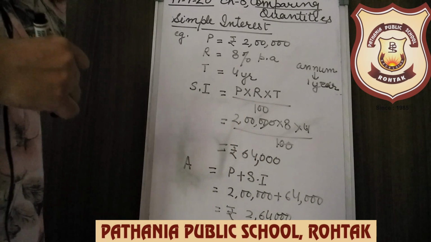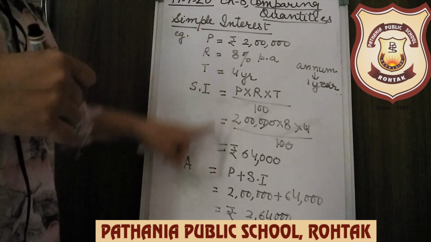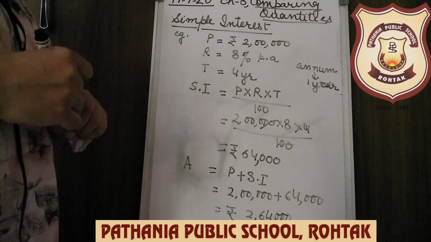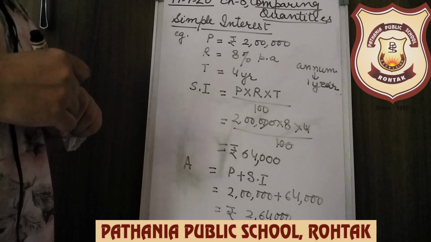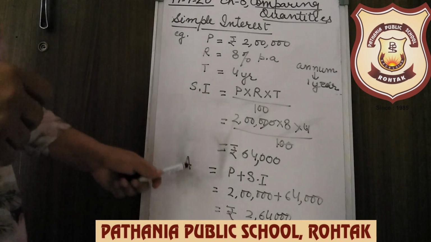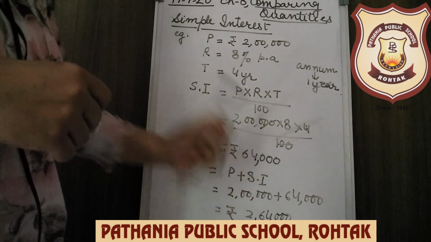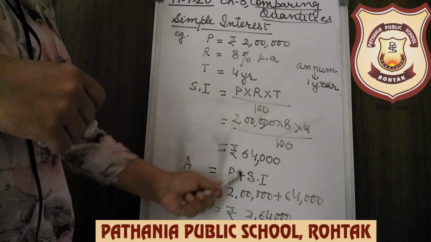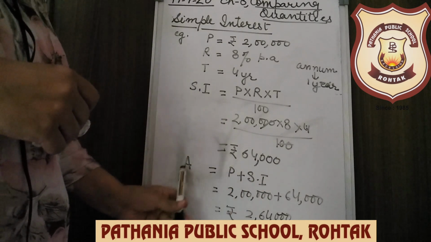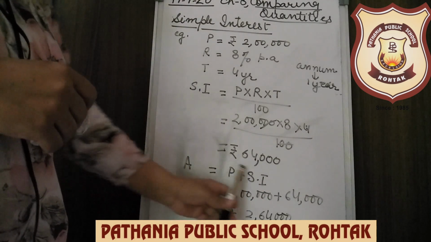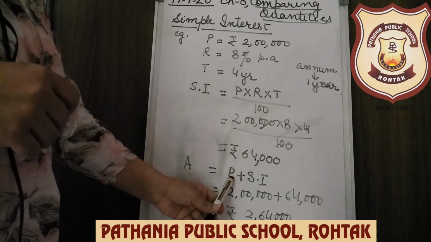I hope now this is clear. Now suppose amount and simple interest is given. You can calculate the principal by subtracting simple interest from the amount. You will get the principal.